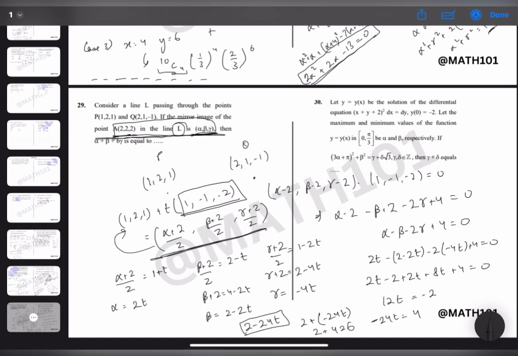As the midpoint is the mirror image, this line should be perpendicular to the line joining these 2 points, which is parallel to this vector. Then we took the dot product and equated it to 0 to get another equation which helped us to solve for t.